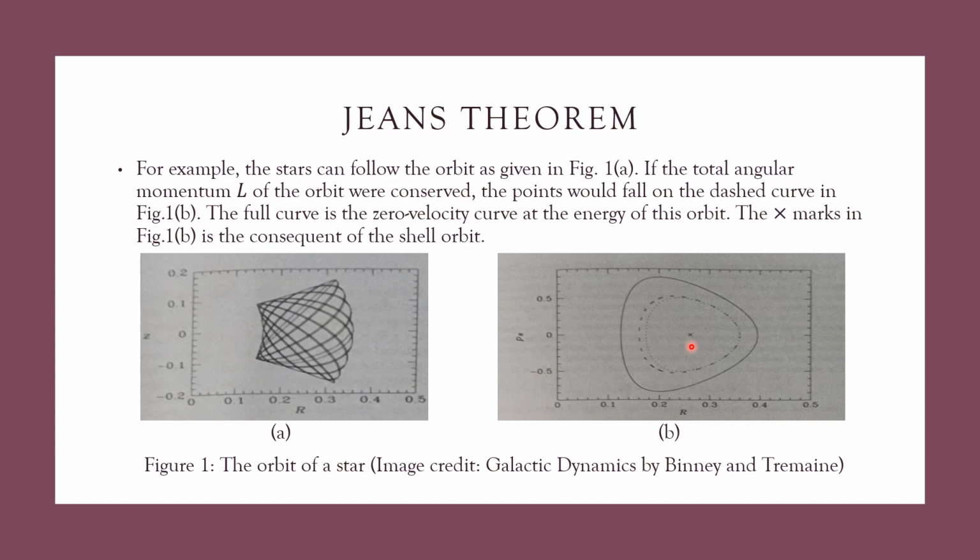In this example, the integral of motion for these curves does not have any analytical expression. So this theorem, the first proposition proposed by Jeans, is not as helpful as we wanted.